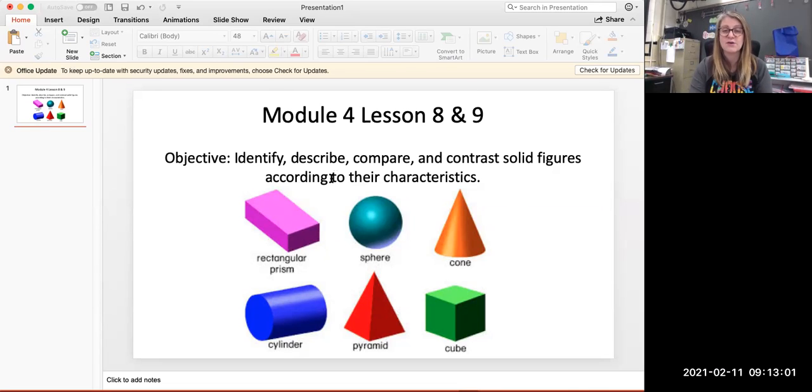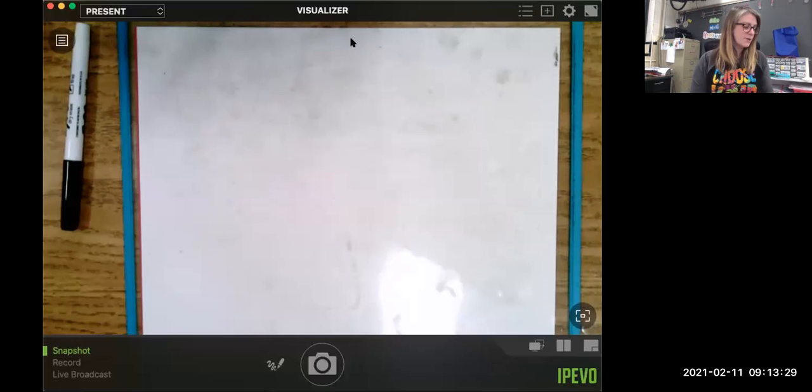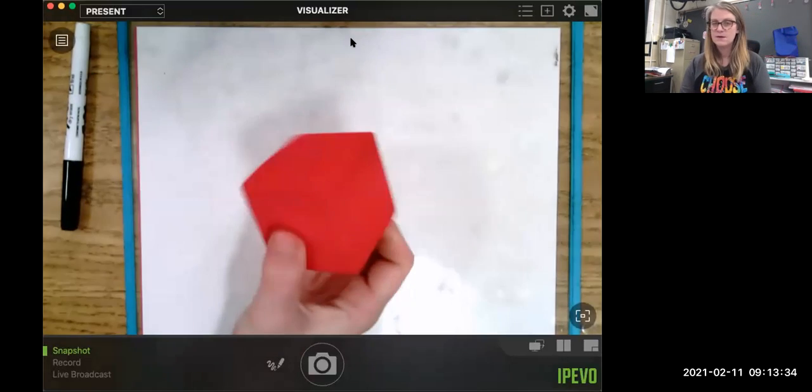So we're going to look at solid geometric figures, and we're specifically looking at these 6 figures, and those are the ones that you should have put together using your diagrams in your workbook. So we are going to identify different characteristics first about these figures.